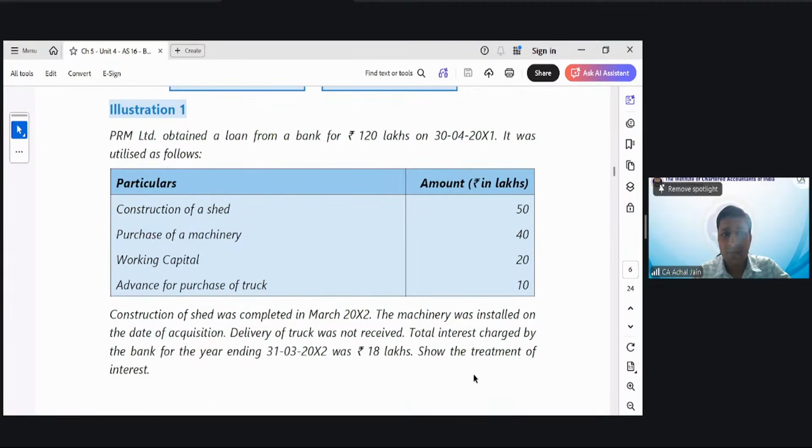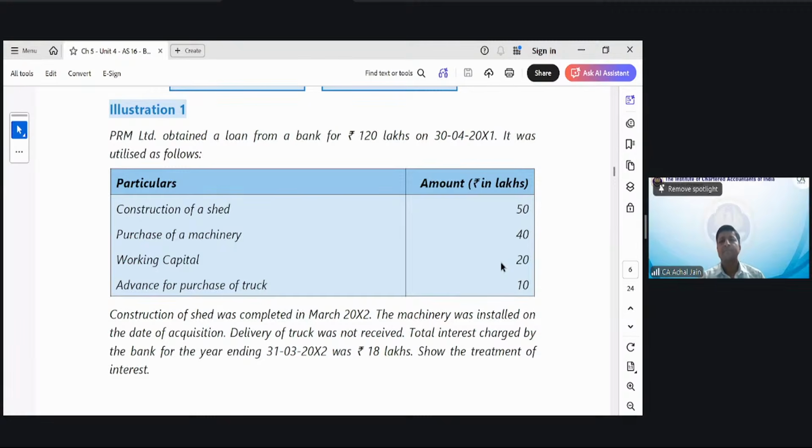Sir, this is Maithili. The interest amount is 18 lakhs, which is given by the bank for that loan amount of 120 lakhs. This is only for construction of shed. The construction of shed was completed in March 2002, so the whole amount will be going for construction of a shed.